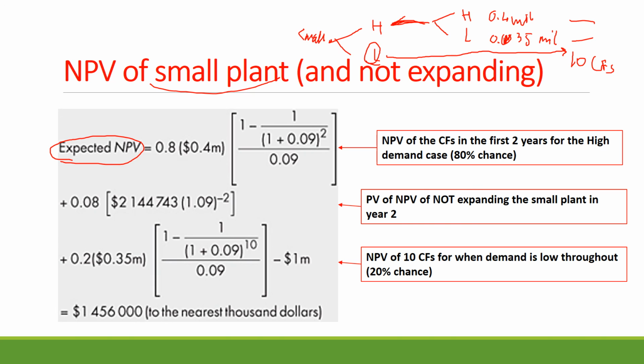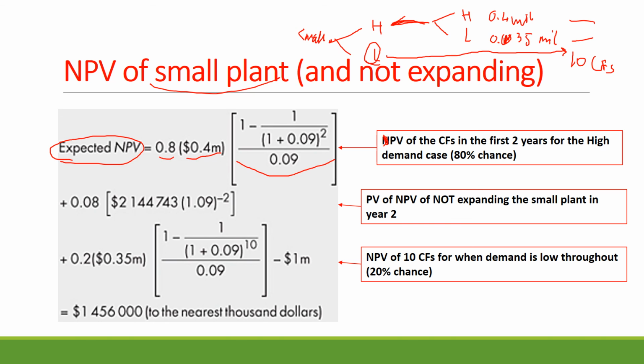So what we have here is, firstly, the high demand case for the first 2 years. This is an 80% chance, so we just times it by 80.